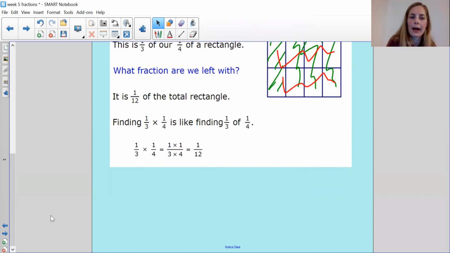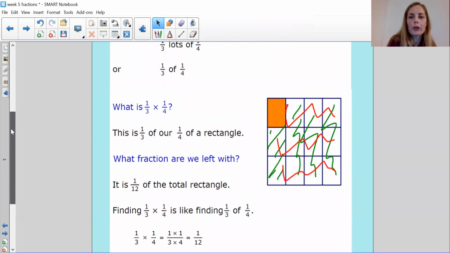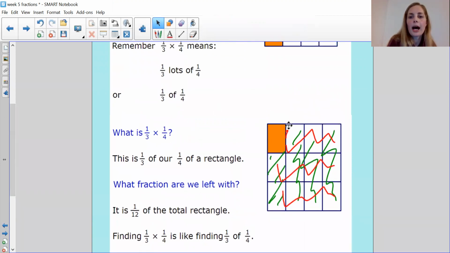So have a think now, back to that big question. Do you think that when I multiply two fractions together, that they are going to be smaller than each of these fractions? What do you think? Do you think this answer is smaller than the quarters and thirds? And hopefully now you can see quite clearly that it would be yes, okay?